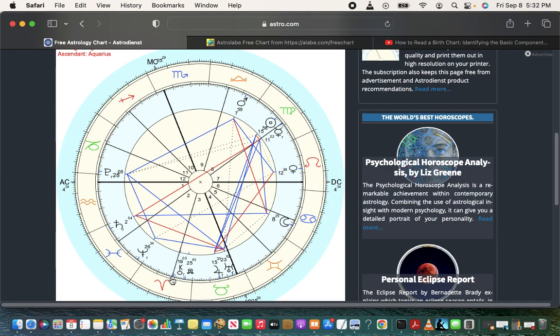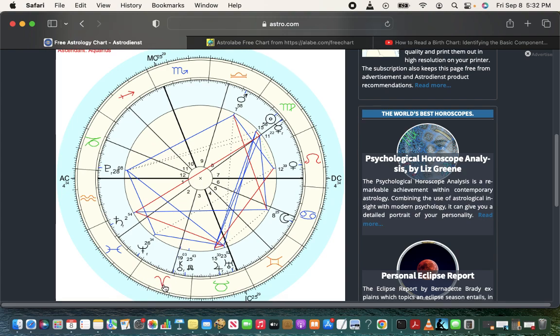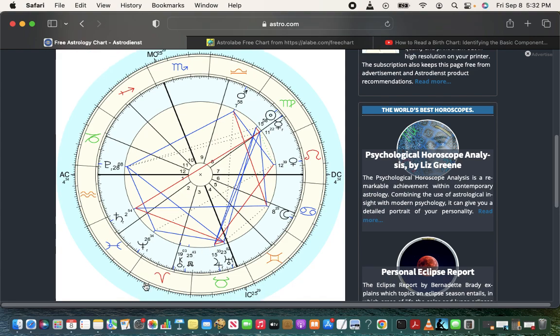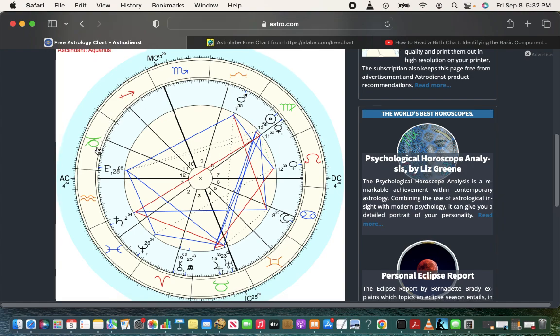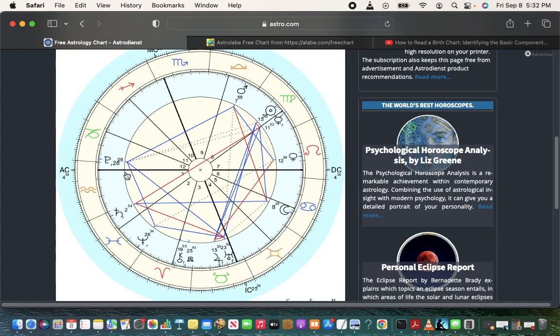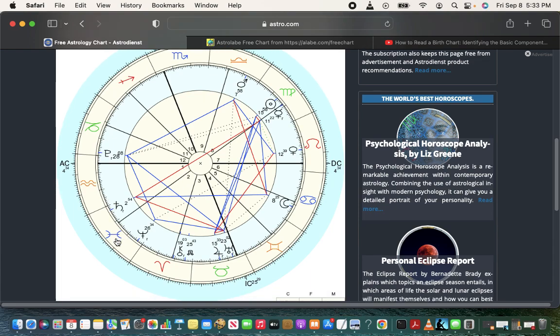And you can see we have the 12 signs on the outside: Aries, Taurus, Gemini, Cancer, Leo, Virgo, Libra, Scorpio, Sagittarius, Capricorn, Aquarius, and Pisces.